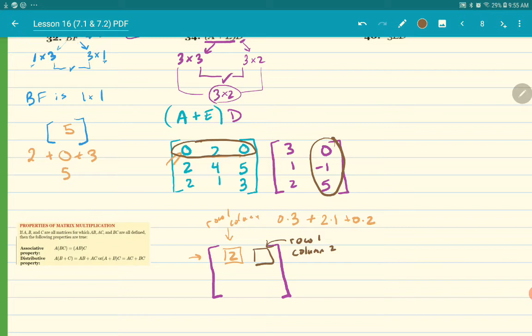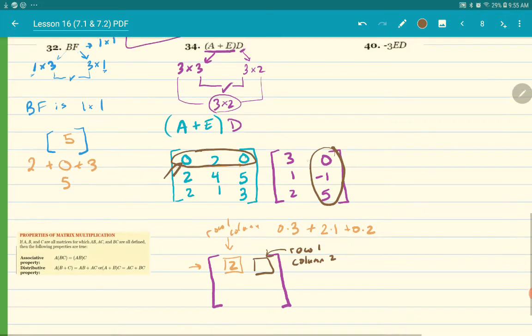I take my finger and start at the 0 on row 1 and 0 on column 2. So 0 times 0 is 0. And then slide my finger to the right. My left hand slides to the right, my right hand slides down. The next number is 2 times negative 1, so adding the sum of the products, 2 times negative 1, and then 0 times 5. So 0 plus negative 2 plus 0 gives me a negative 2.